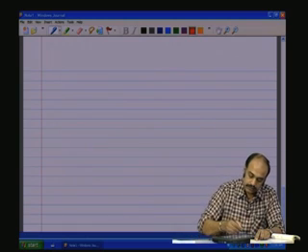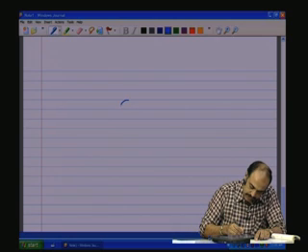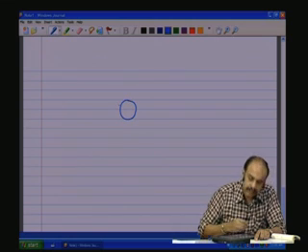So, the DC motor also is represented, like in the case of the DC generator, by a circle.